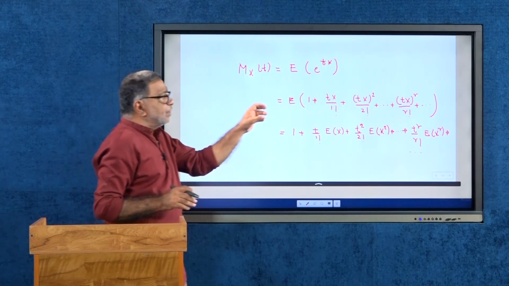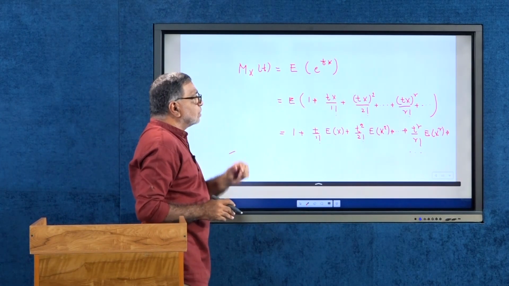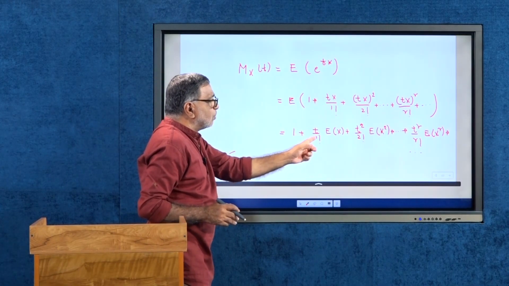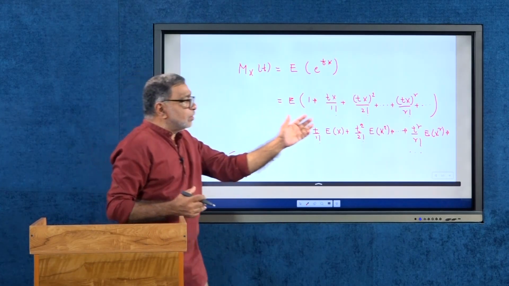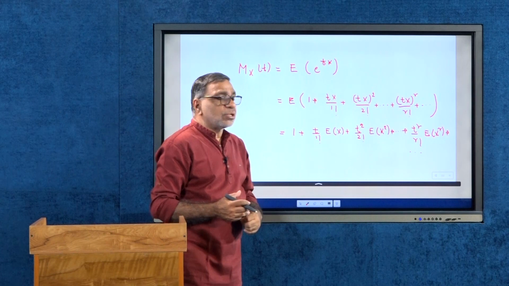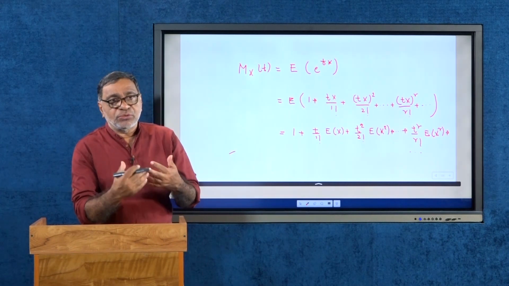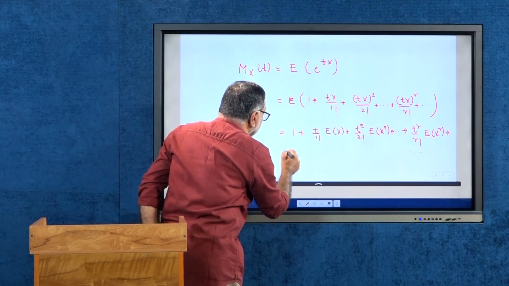And taking expectation for each term, you have expectation of 1, that is 1 itself, and expectation of tX divided by 1 factorial, that is t by 1 factorial expectation of X, plus t square divided by 2 factorial expectation of X square plus etc. From this expansion, what result are we getting?